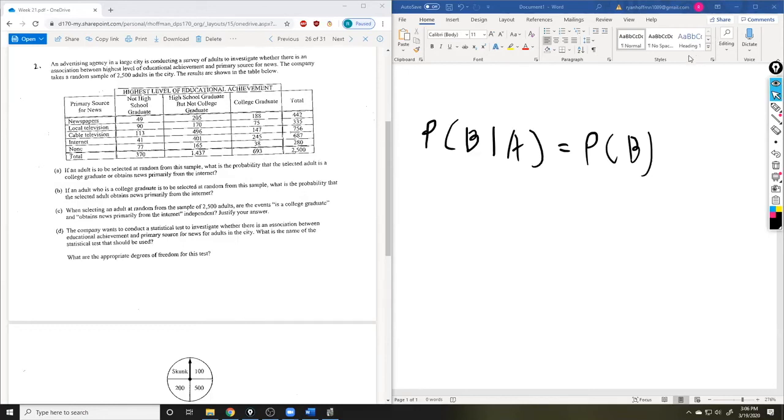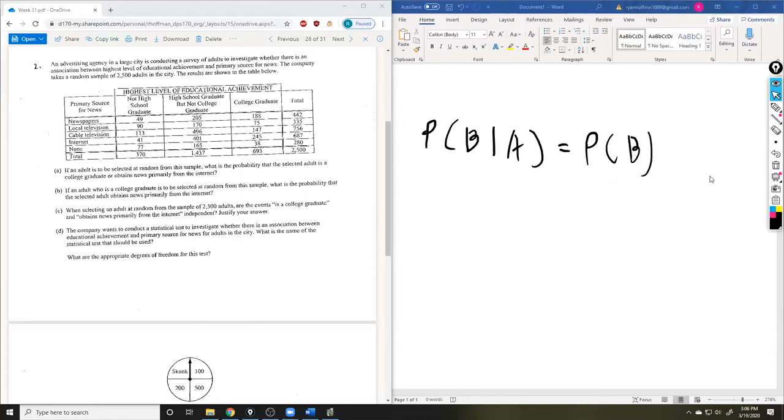Okay, and so what this is saying is basically the same definition of independent that you have told me kind of informally, which is that knowing that one thing has happened doesn't change the outcome of the other. So in other words, probability of B given A, that is, I know that A happened, what's the chance that B has happened?